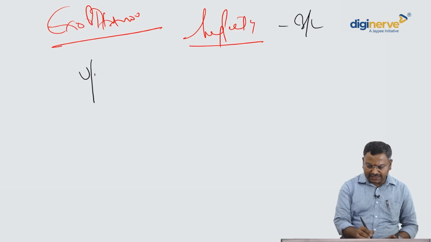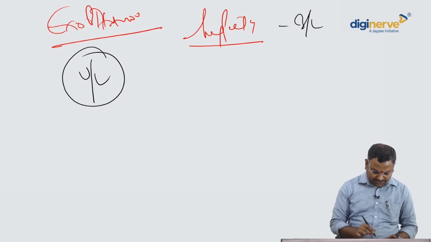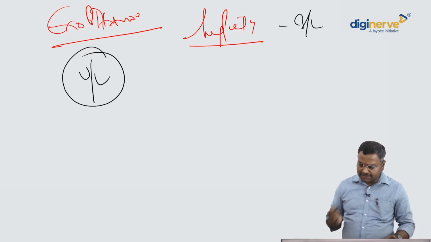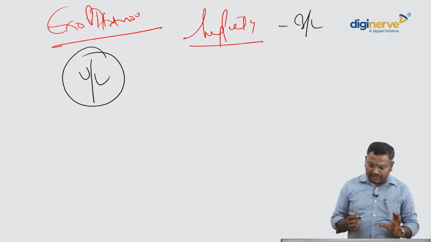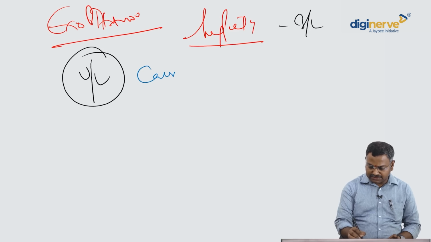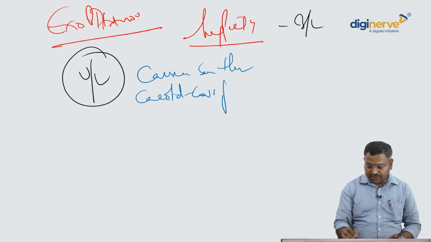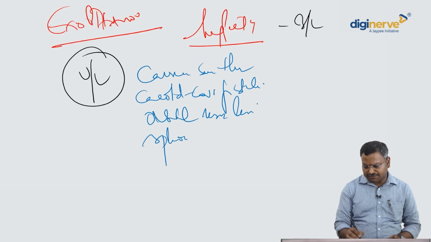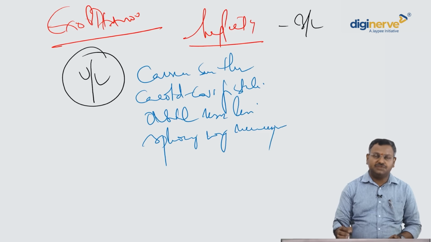You can get unilateral conditions which produce exophthalmos or proptosis. The common conditions could be related to cavernous sinus thrombosis, carotid cavernous fistula, orbital mass lesions, sphenoid wing meningioma, and a very common disease which we saw during the COVID pandemic, mucormycosis.